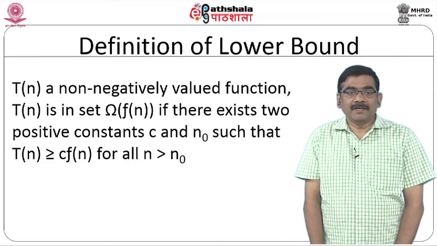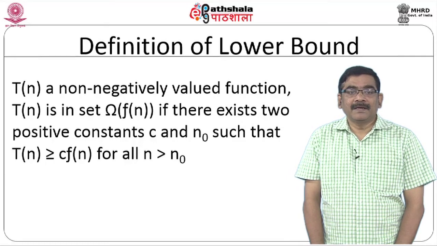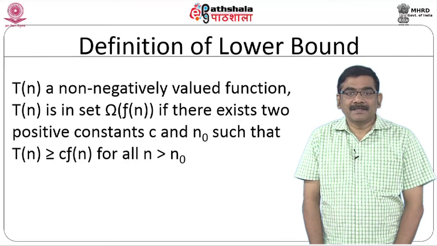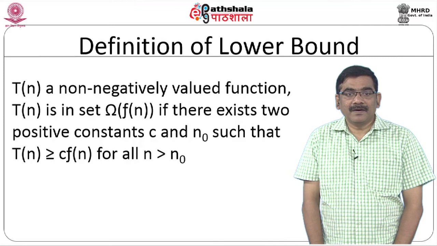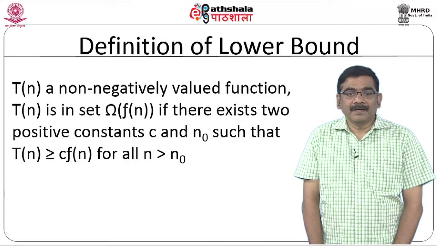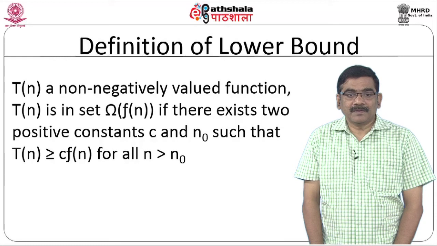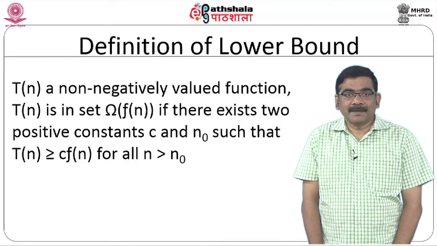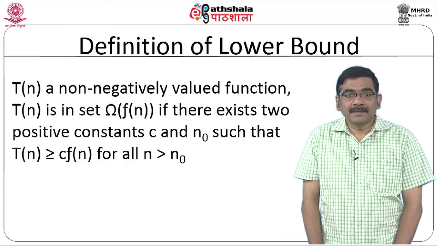In other words, if t of n is a non-negatively valued function, then we can say that t of n is in omega of f of n if there exist two positive constants c and n naught such that t of n is greater than or equal to c multiplied by f of n for all n greater than n naught. In other words, in asymptotic notation, omega is used to represent the lower bound.